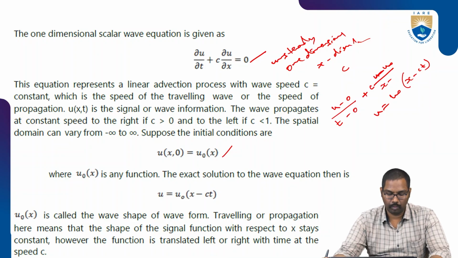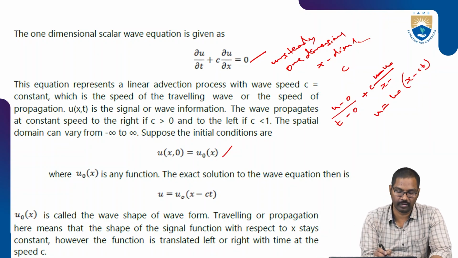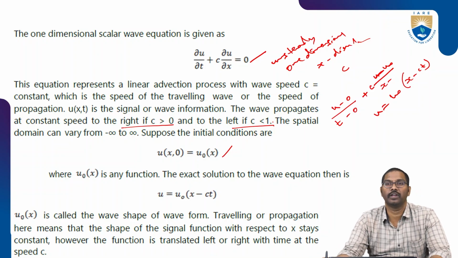Traveling or propagation means that the shape of the signal function with respect to x stays constant, however the function is translated left or right with time at the speed c. As mentioned, if c is greater than 0 it moves right, and if c is less than 0 it moves left.